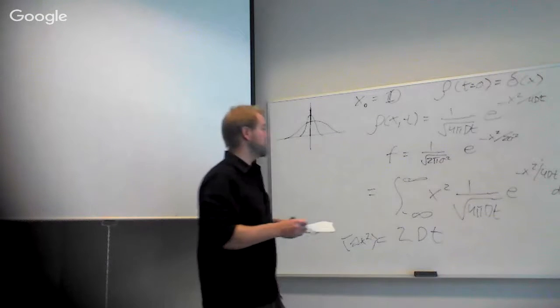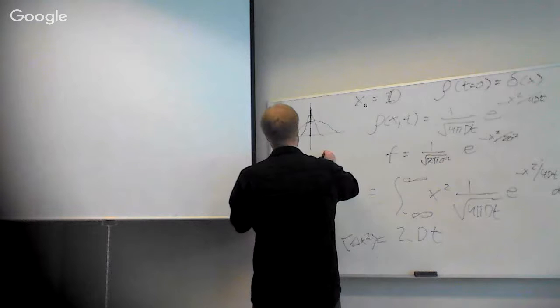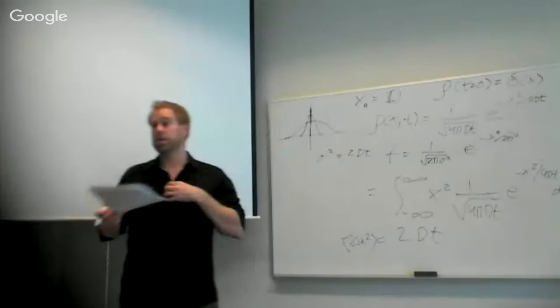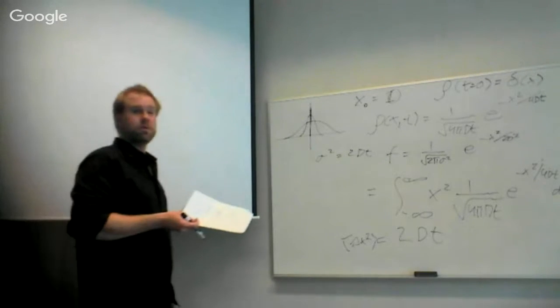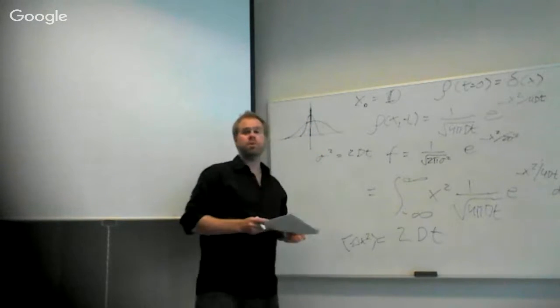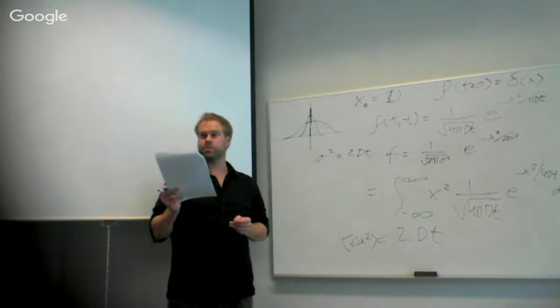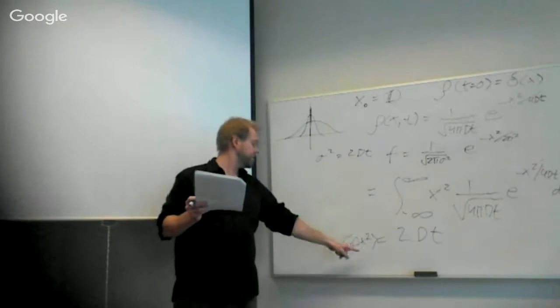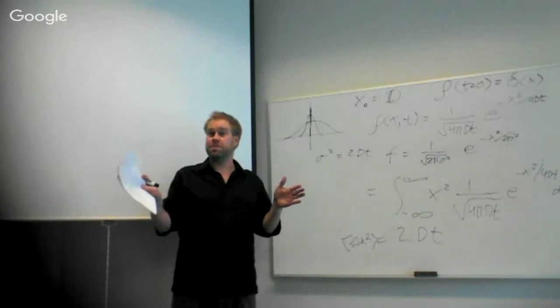And so, what does this tell me? It tells me that sigma squared is equal to 2d. So this is the dispersion, how the distribution is spreading out. And of course, that agrees with this, because this is also the dispersion.